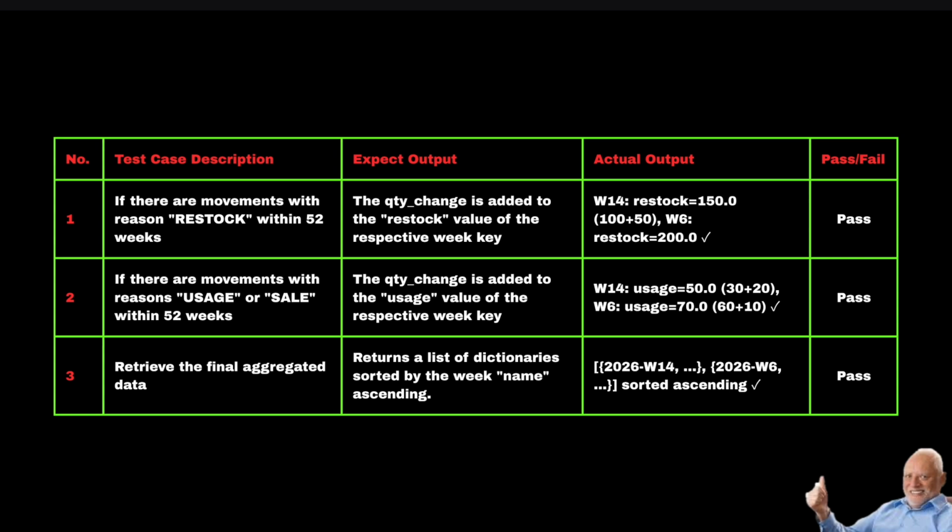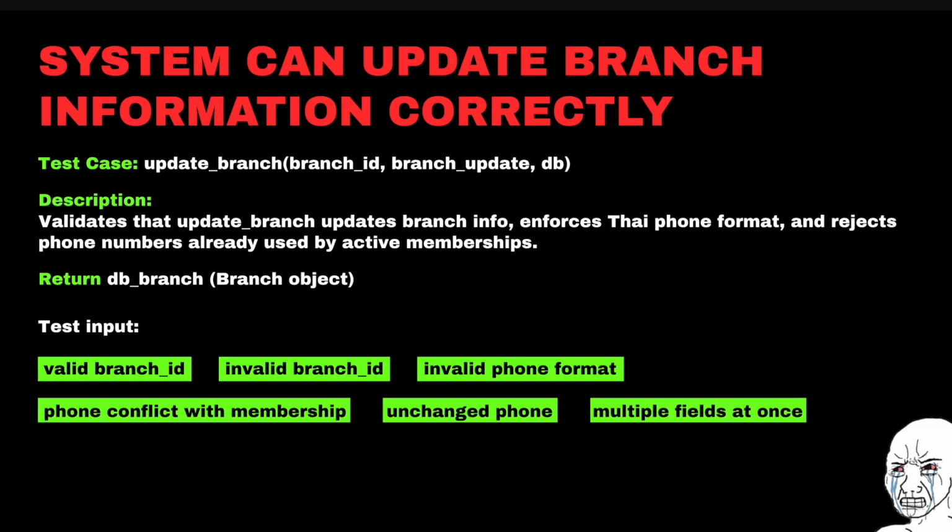For usage and sales, 30 and 20 in the same week total 50 in usage. The third case checks that the final output is a list sorted ascending by week name, so 2026 week 6 comes before 2026 week 14. All 3 cases pass.